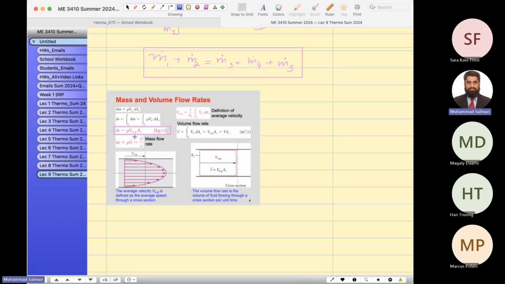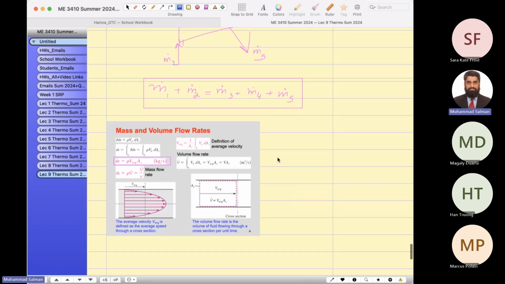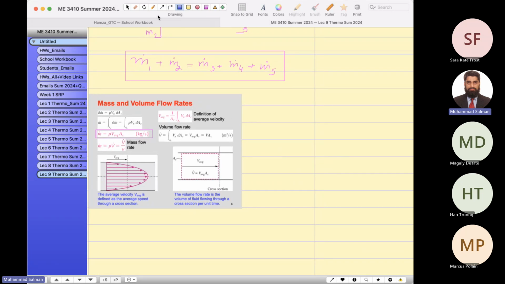Rho V average times area of cross section. If you have a pipeline, for example, like the plumbing line in our house, where water is flowing, suppose the diameter is 1/2 inch. So area of cross section is pi/4 times (1/2) squared.